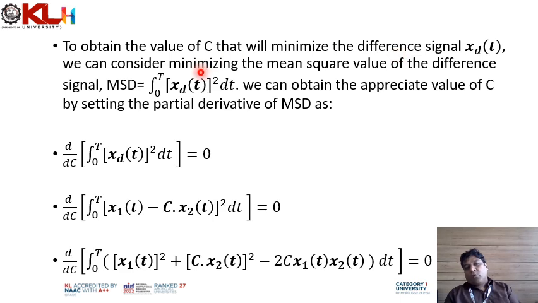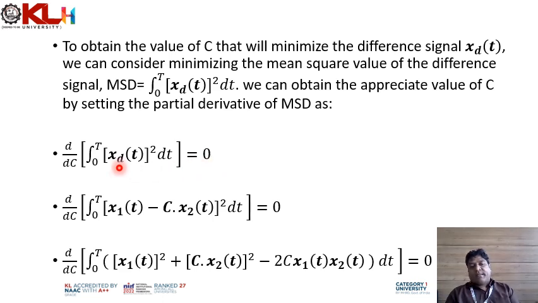In order to do this minimization, we are going to use the mean square value of the difference signal, that is integral 0 to T xd whole square dt. To find the minimum value, we have to take the derivative d by dc of that integral 0 to T xd whole square dt and set it to 0.